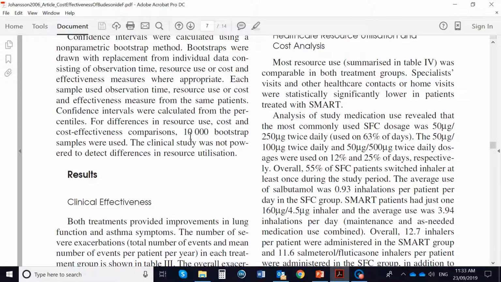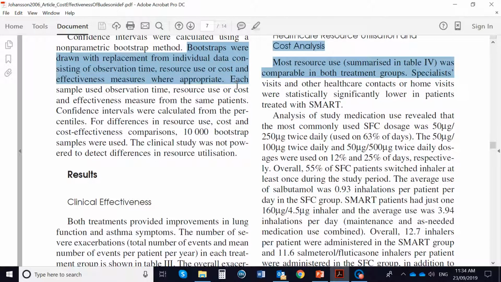So based on your case, they also generate 10,000 more patient scenarios to see if there's any difference, and they consider that as the replacement of individual data. So you see bootstrap samples were drawn with replacement from individual data.